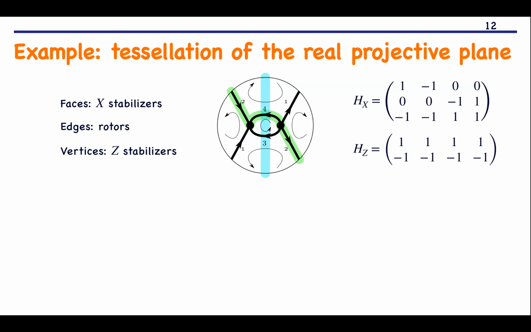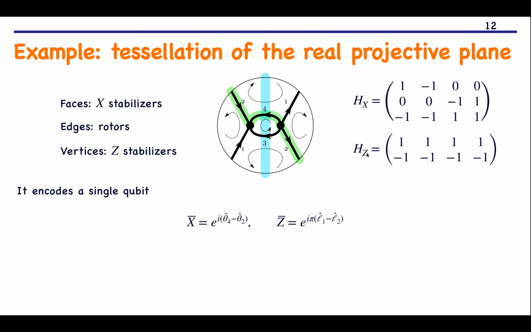We can just take a face and see what edges are connected to it, and obtain the HX part of the stabilizers, and the same for the Z part, where notice obviously this is redundant to this second row.